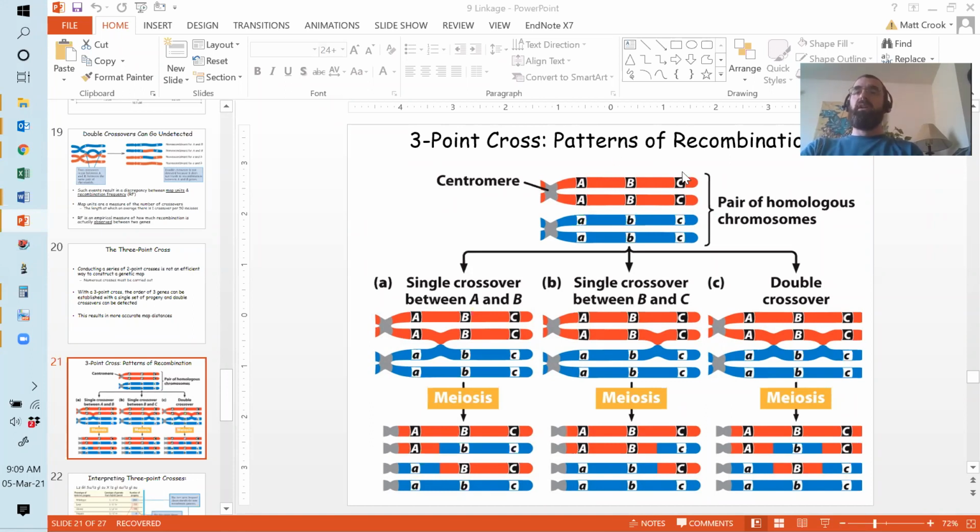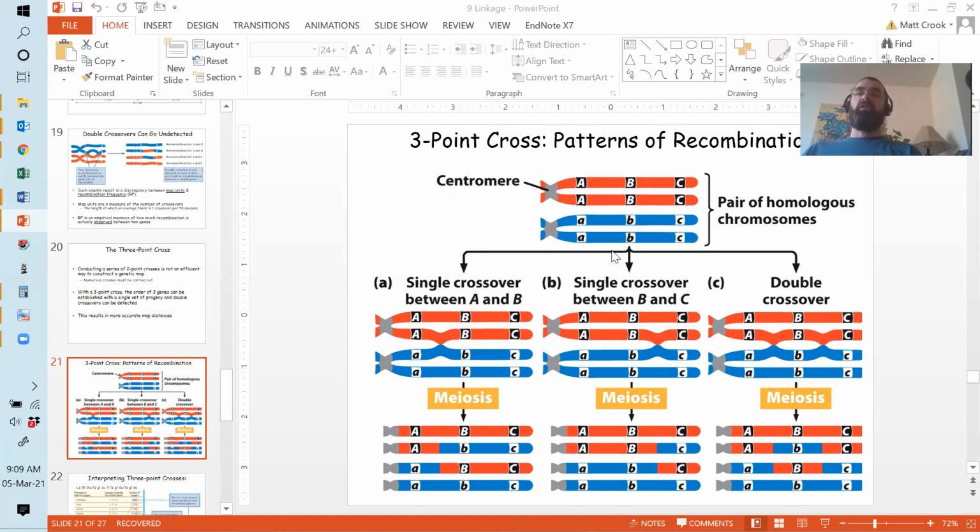We're going to be seeing parental, where the offspring inherit an intact or non-recombinant chromosome from their parent, right?